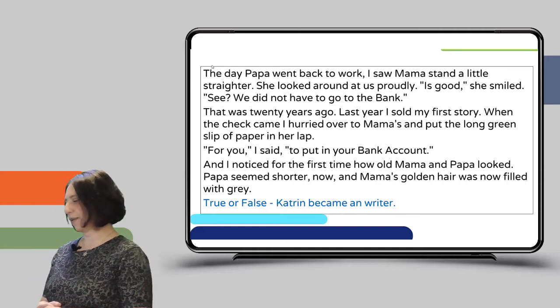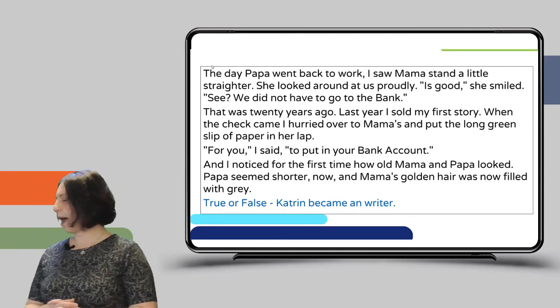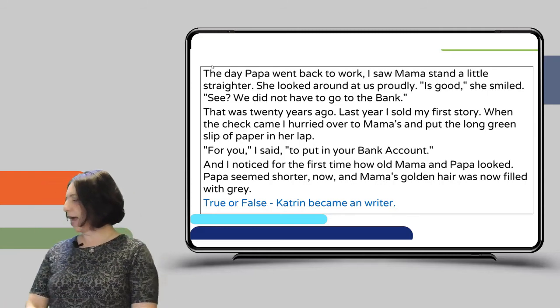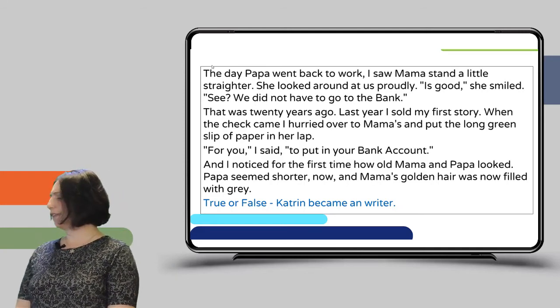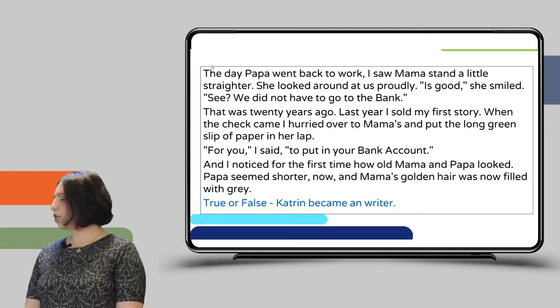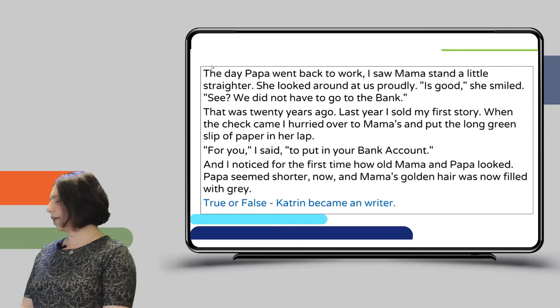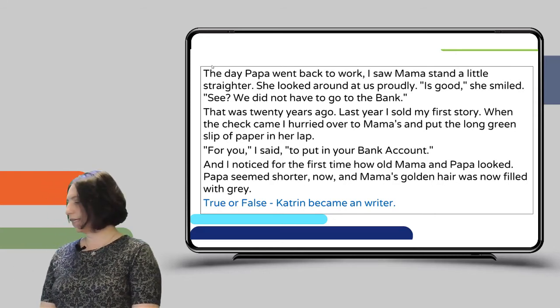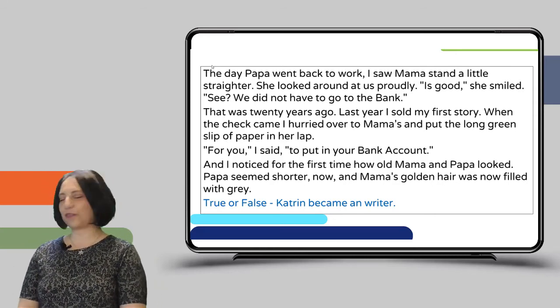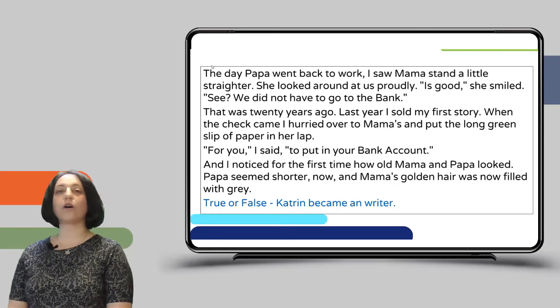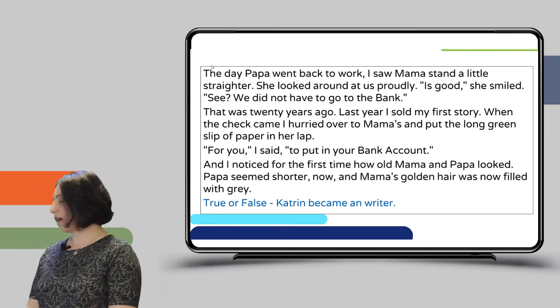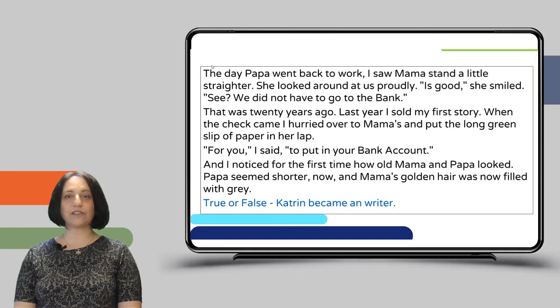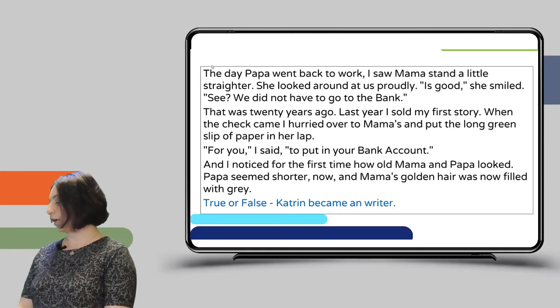Now what happens? The day Papa went back to work, I saw Mama stand a little straighter. She looked around at us proudly. "Is good," she smiled. "See, we did not have to go to the bank." That was 20 years ago. Last year, I sold my first story.